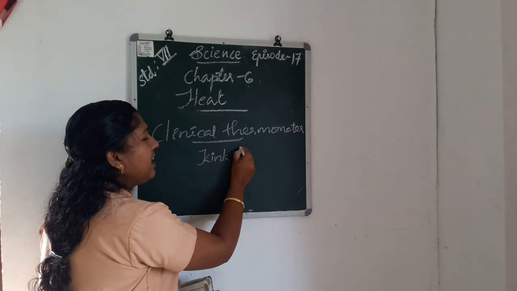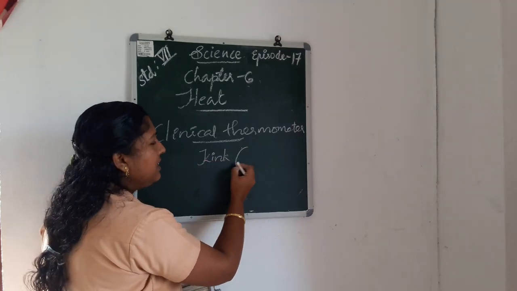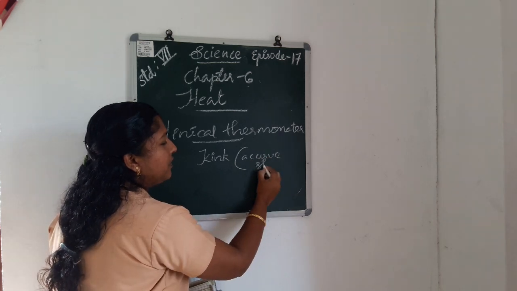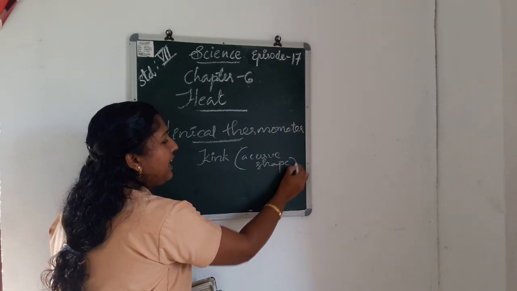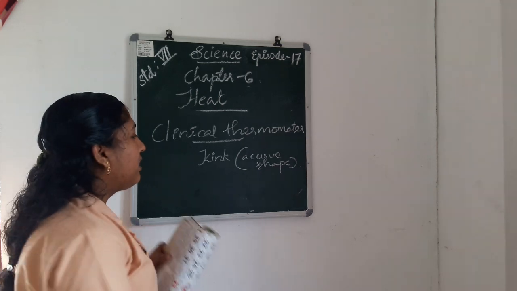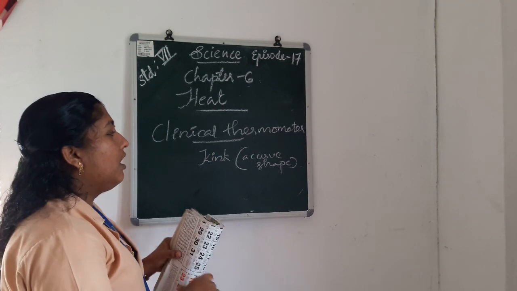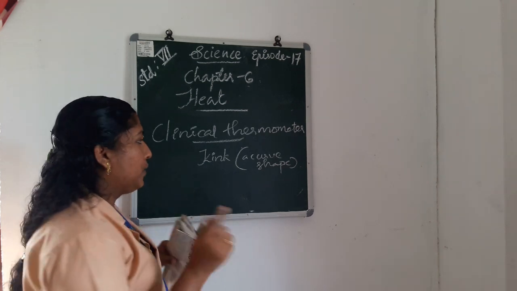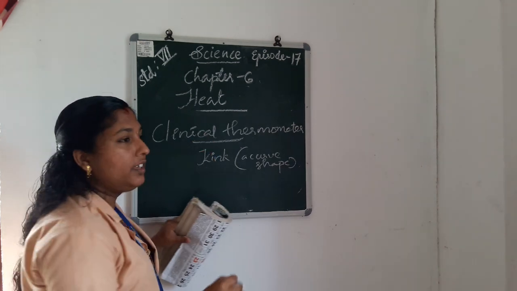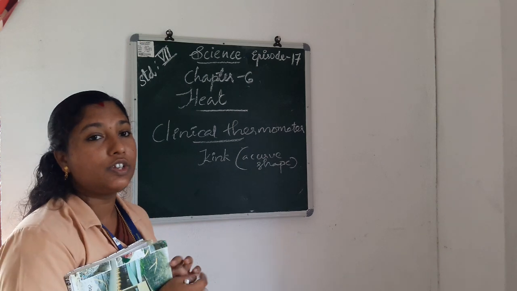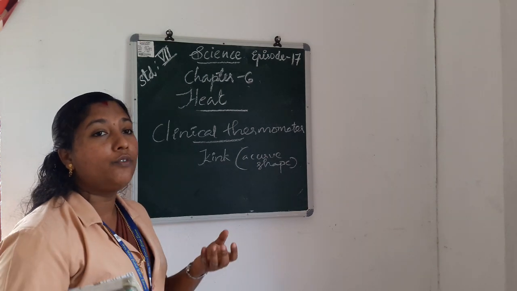Kink means a curved shape. That kink stops the movement of the mercury in the clinical thermometer. So the reading of the clinical thermometer does not change if we take it out from the tongue.